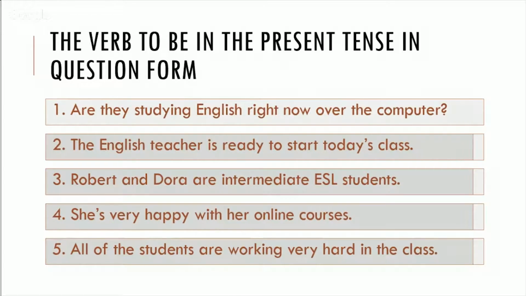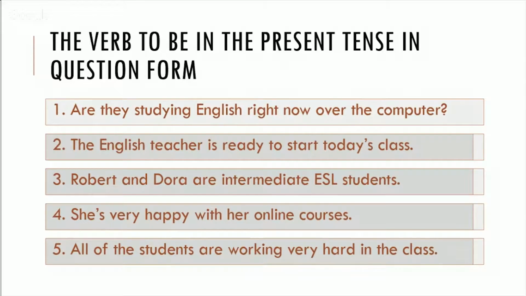The English teacher is ready to start today's class. So let's ask that as a question. How do we ask that as a question? The English teacher is ready to start today's class?